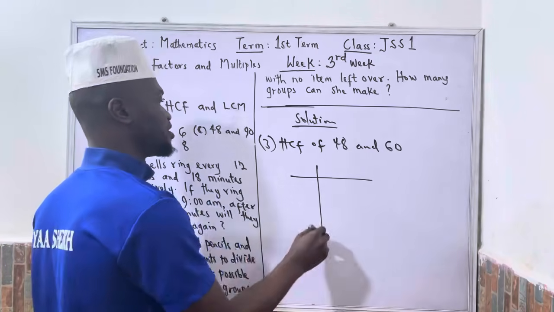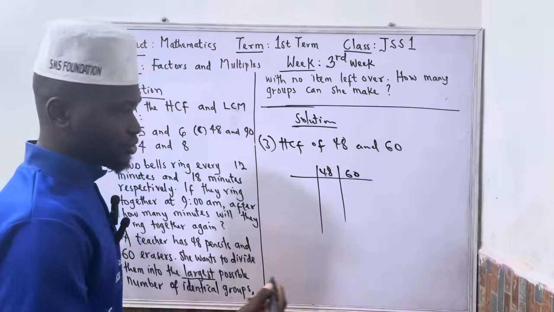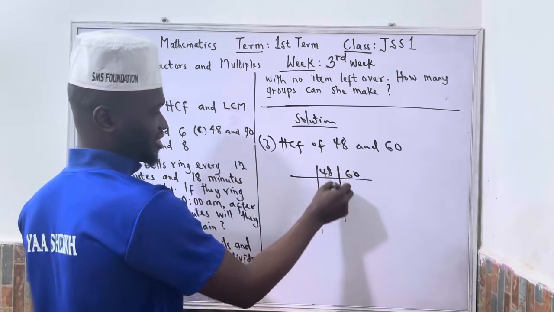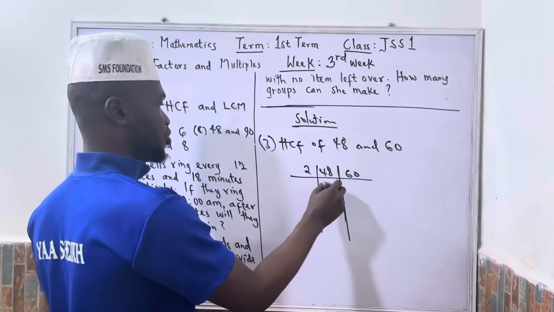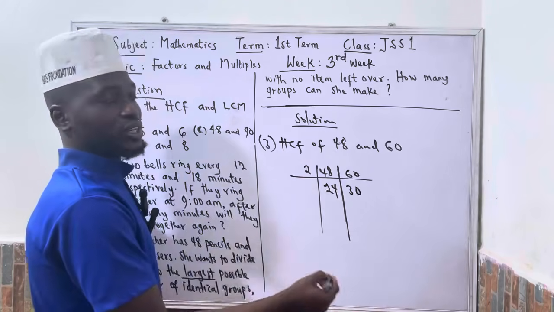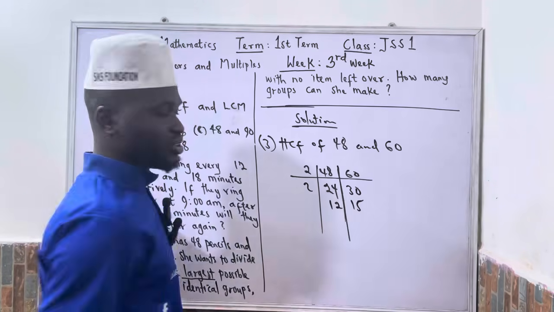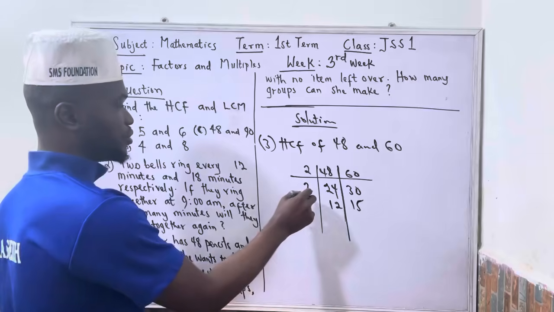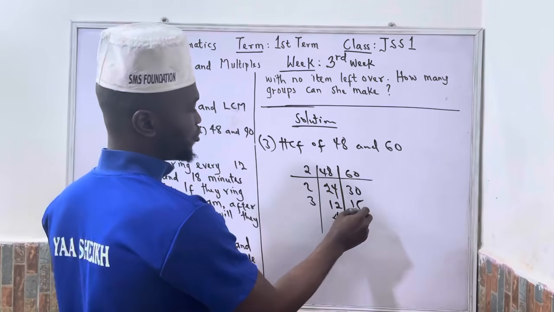So I have to draw my table. This is 48 and this is 60. Let's bring something that can work on both first. 2 can go. This will be 24. This will be 30. 2 can still go. This will be 12. And this will be 15. 2 can no longer work, but 3 can work now. 3 in this will give me 4, and this will give me 5.